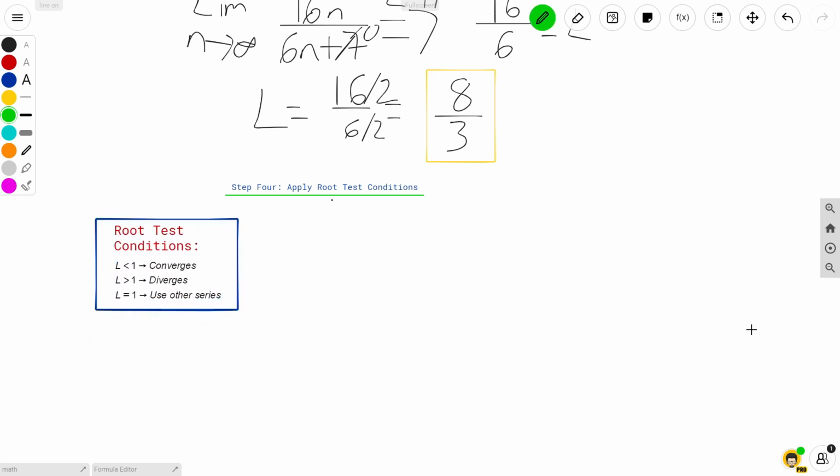So now we have our conditions. So in this case, what was our L equal to? Our L was equal to 8 over 3. And 8 over 3 is well greater than 1.